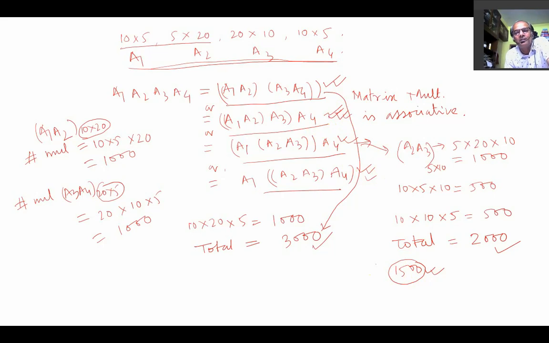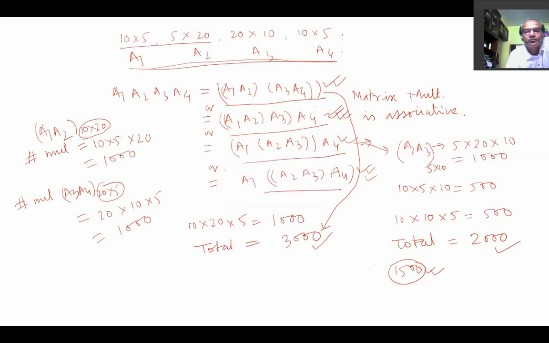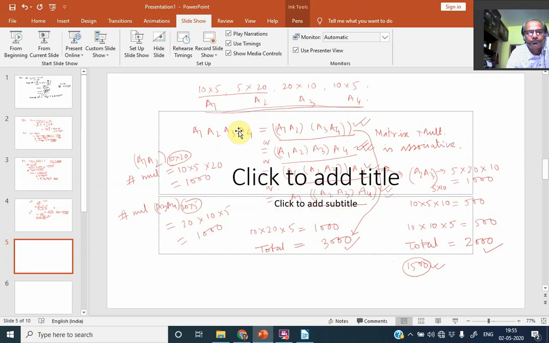If the number of multiplications is the minimum, then your algorithm for matrix chain multiplication is efficient, right? The main mathematical property here is that matrix multiplication is associative, so you can choose your order. Now, how the order will be chosen is the big challenge. That can be done by a method, dynamic programming, which will be covered later, right? But see this example and take a feel for it.